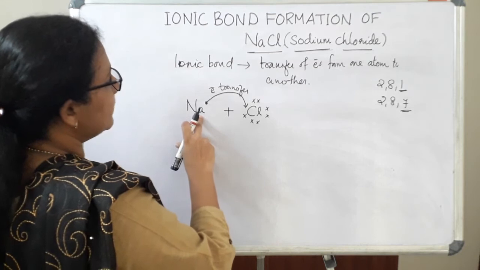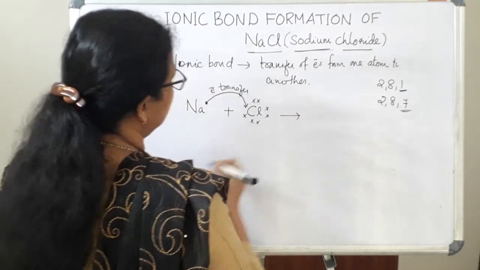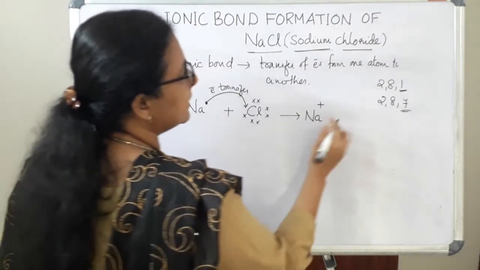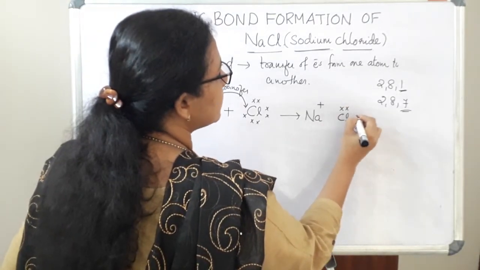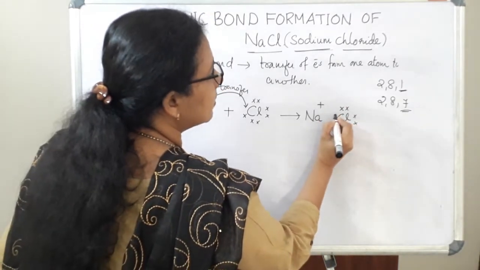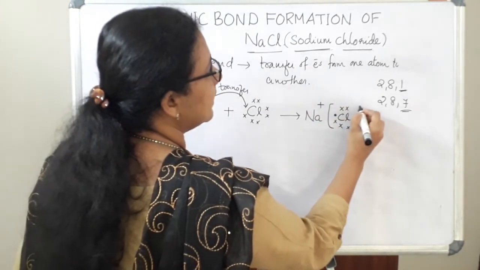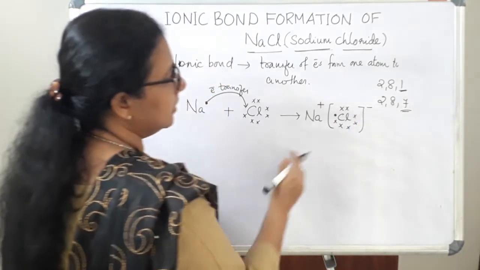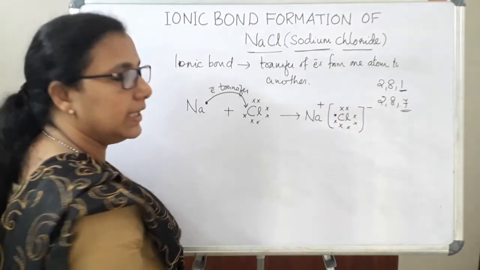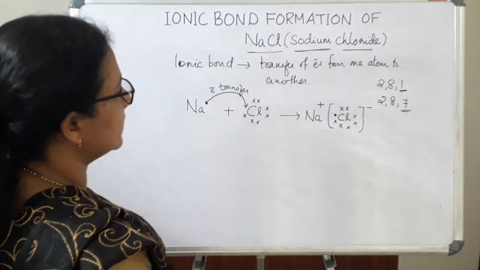The sodium attains a positive charge, and the chlorine gets that electron from sodium and attains a negative charge. So this is the representation of electron transfer.